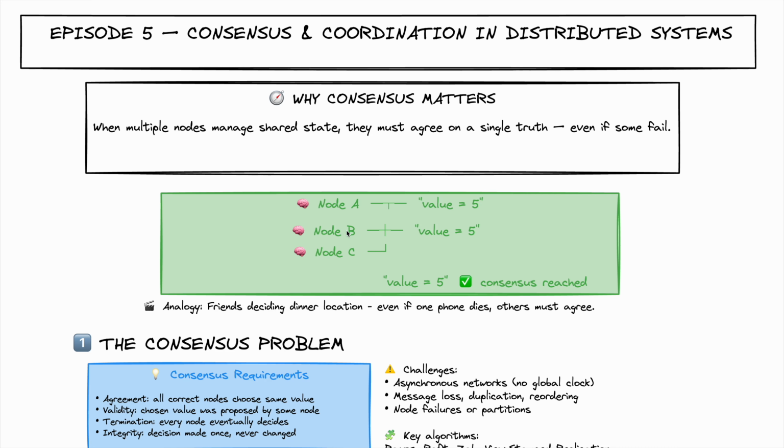The remaining friends agree on the location, and once the other friend is available, that friend can also accept the value, or in the case of the dinner, accept the address of the venue.